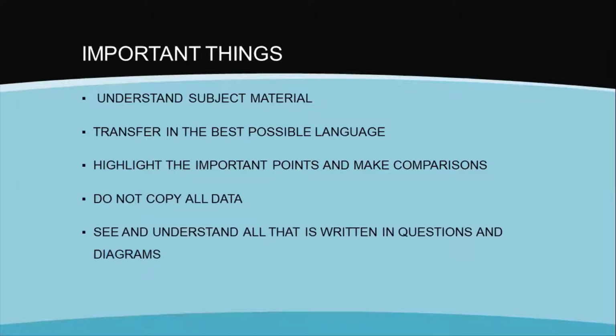See and understand all that is written in the questions and diagram. You need to observe, as I said, you need to have a preparation before taking task 1. Okay, you have 20 minutes. The first 3 minutes you can utilize for preparation, then you need to start writing. Then the last 5 minutes, or at least 3 minutes, you need to go through it.